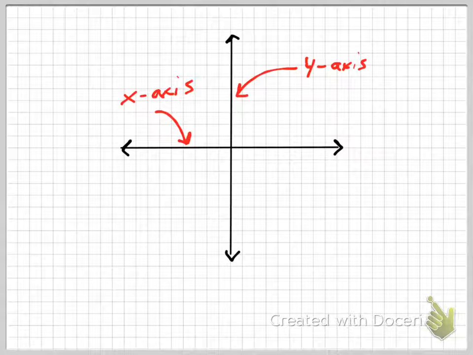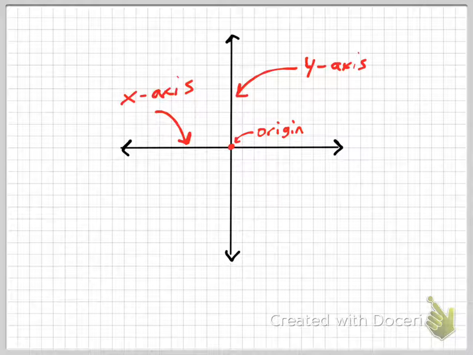You just have to memorize this. The x-axis is the horizontal line, and the y-axis is the vertical line. The center, the point where both axes meet, is called the origin.